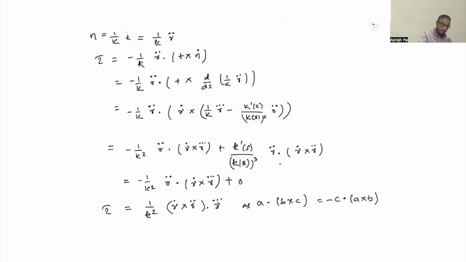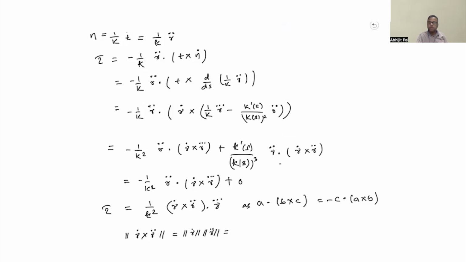And if I take the norm of gamma dot vector product with gamma double dot, they are orthogonal to each other, so this is equal to the norm of gamma dot times the norm of gamma double dot.